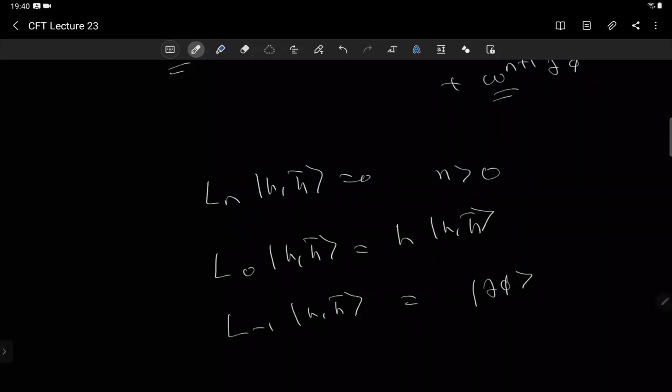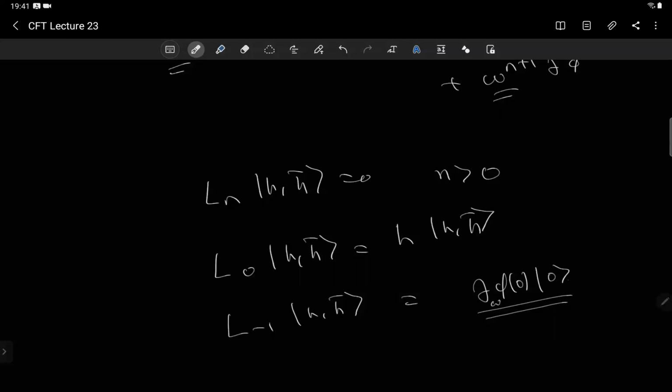So I can write this in another way: this is a del phi 0 acting on the vacuum, del omega. So when you do L minus 1, it is like taking a derivative of phi acting on the vacuum.